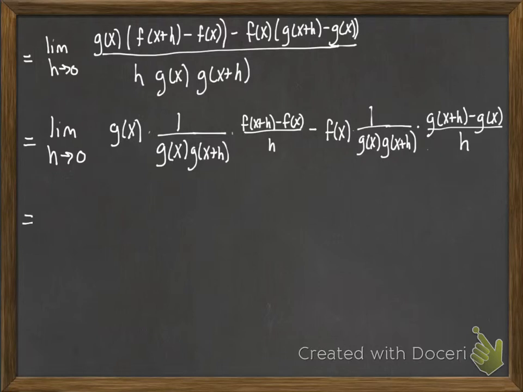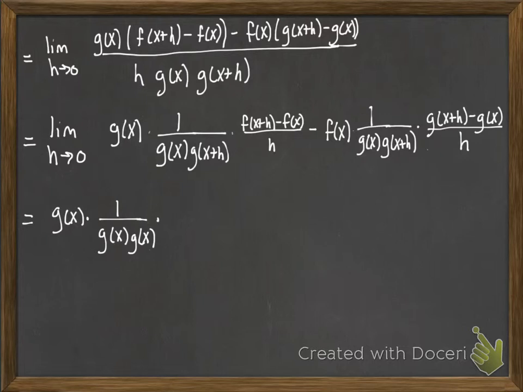And continuing through now, we can take the limit. The limit of g of x is g of x. Now remember that g of x can't be 0, so as h goes to 0, 1 over g of x plus h is 1 over g of x. Yes, you can cancel the g of x out, but we really don't want to.